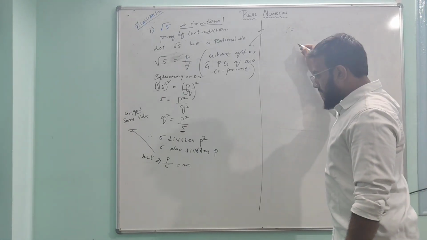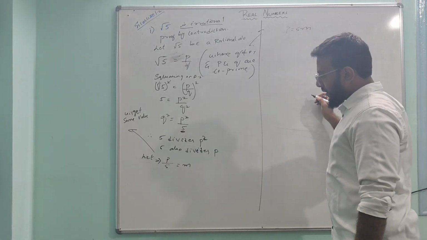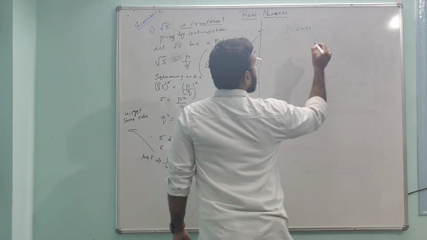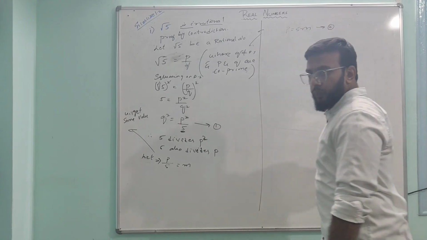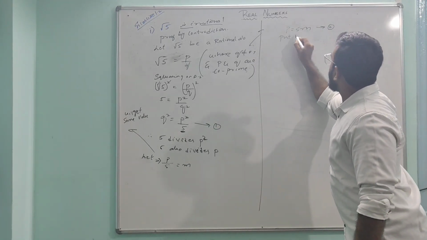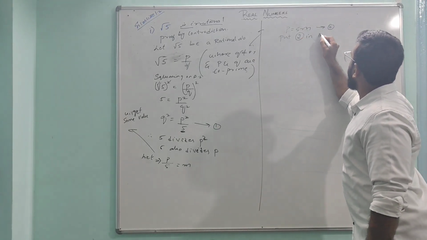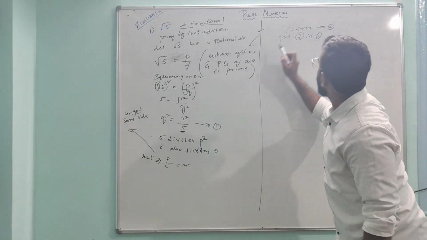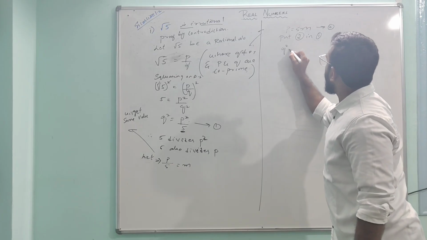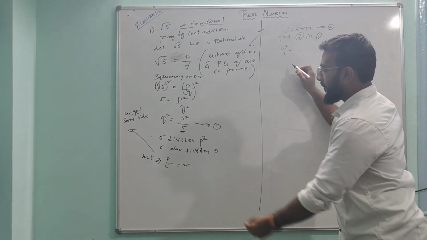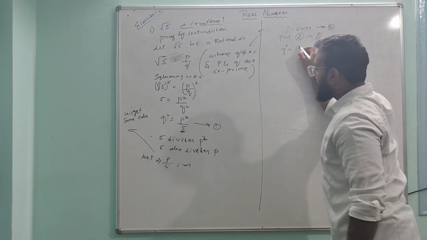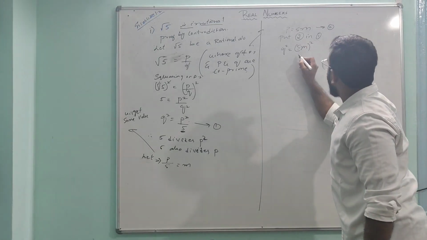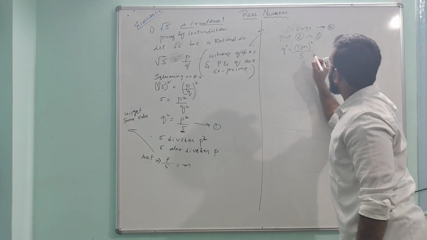If you cross multiply, p is equal to 5m. Let us consider this as equation 1. Let us consider this as equation 2. Okay. Put 2 in 1. What will we get? p value 5m. q square is equal to 5. In place of p, I have to put 5m. 5m whole square upon 5.